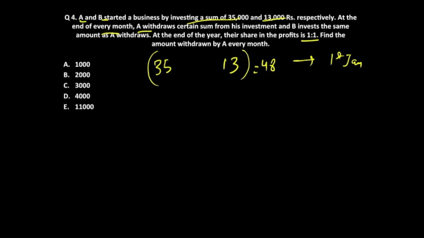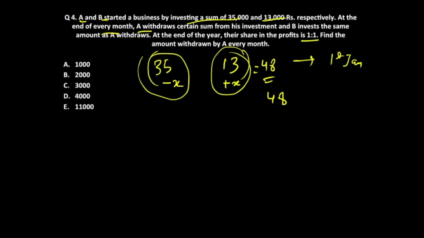So what the question is saying is A withdraws a certain amount from the investment and B invests the same amount. So if A is subtracting X from his sum, that is 35,000, and B is adding the same amount, the overall investment would remain constant at any point of time on any month, right?